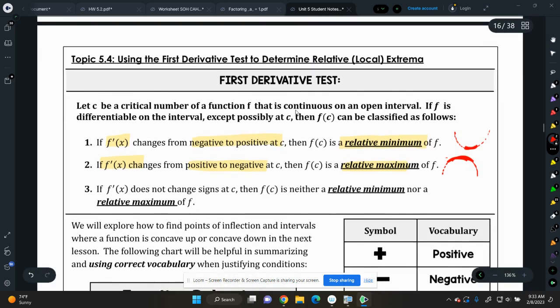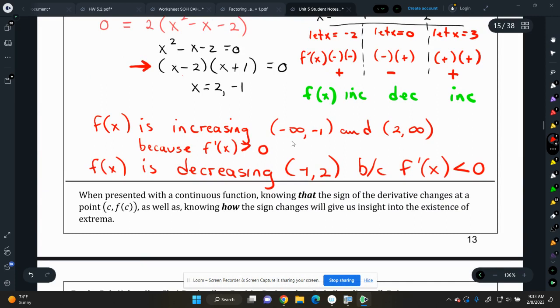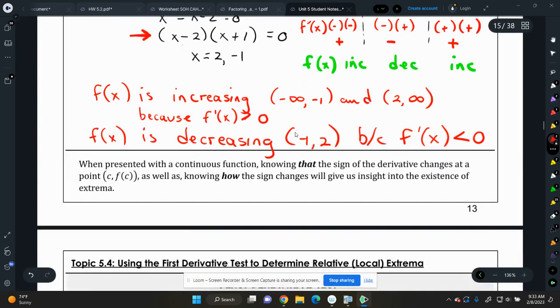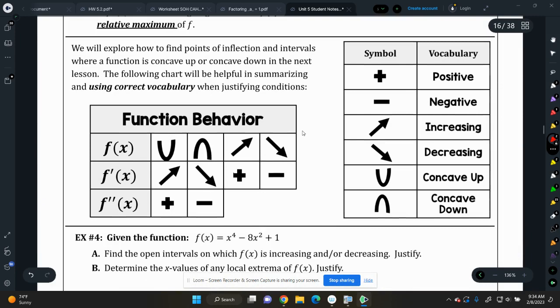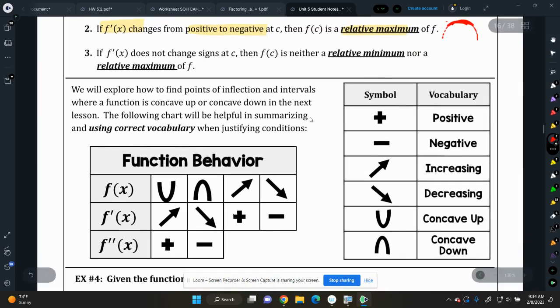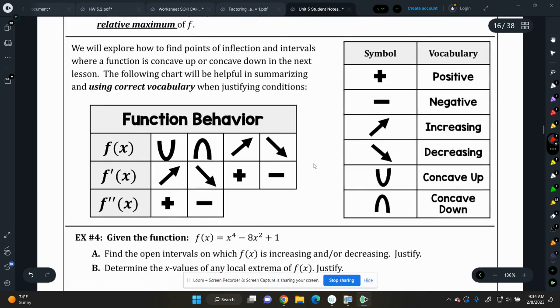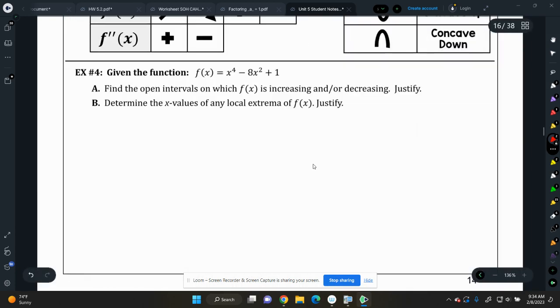When we justify increasing or decreasing, we include that f prime is either greater than 0 or less than 0, positive or negative. If it doesn't change signs, then we don't have any relative minimums or relative maximums. We'll talk about concavity in a little bit.